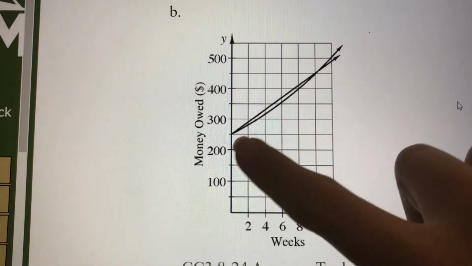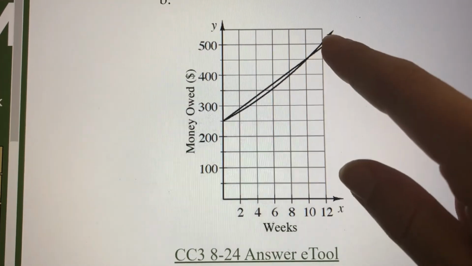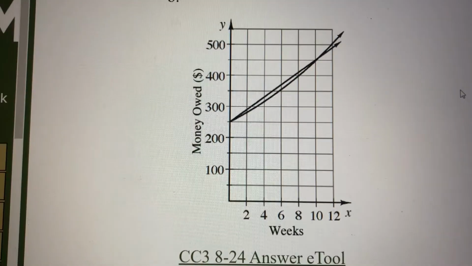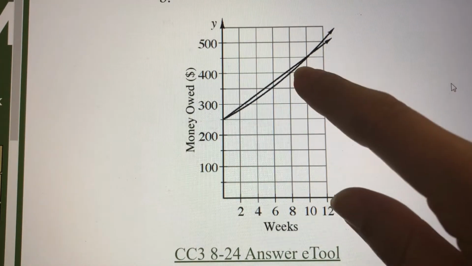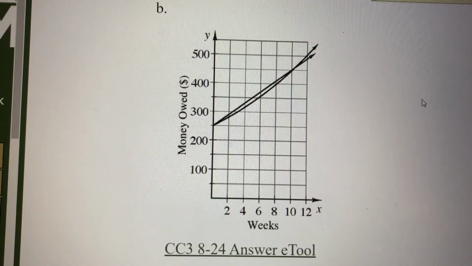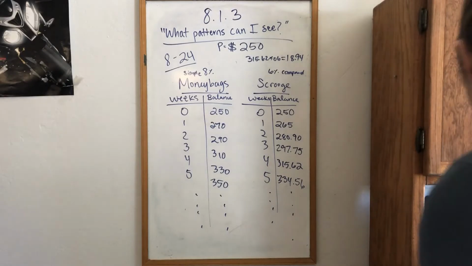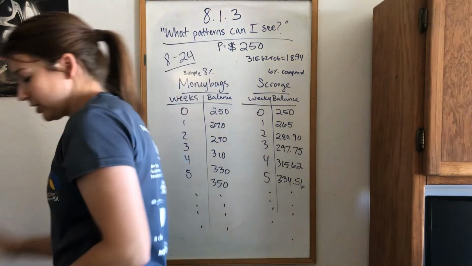Compound interest will have a slight curve or a curve. It might not even be slight, it might be a drastic curve. This one's a very slight curve, so it's going up and up and up and up.